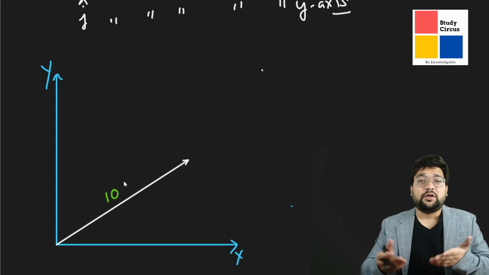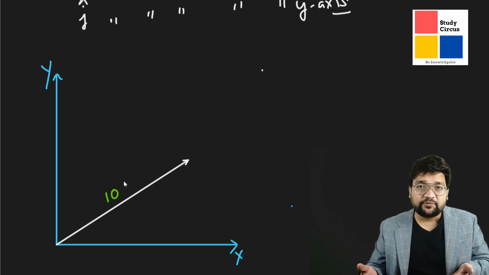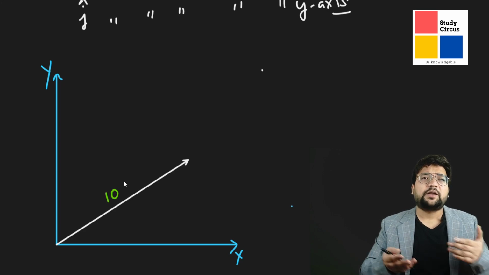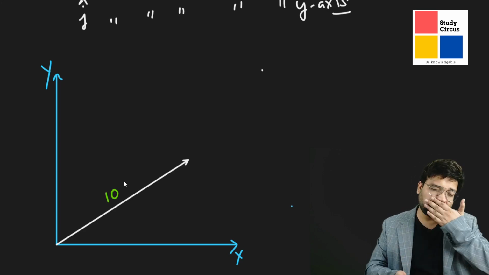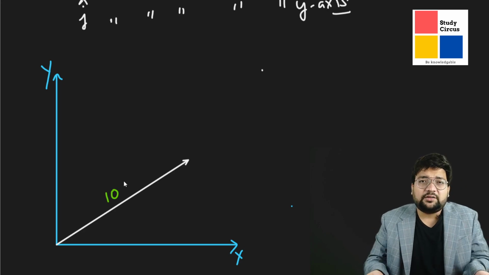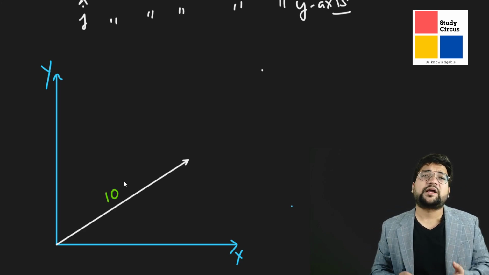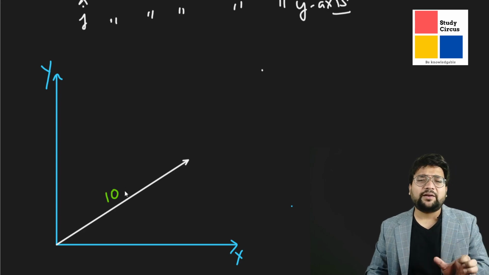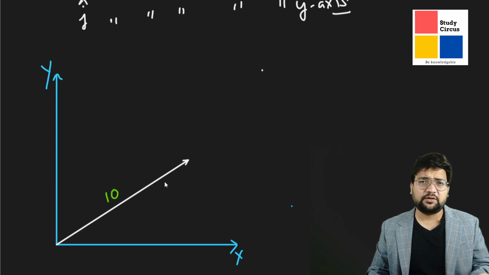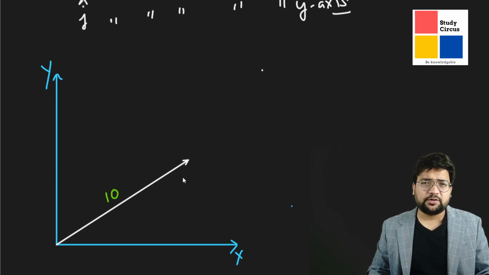It can be newtons, it can be force, it can be momentum, it can be displacement, velocity. So depending on what type of vector it is, the unit will be decided accordingly, okay? But in magnitude it is 10. Let's say 10 newton, 10 meters, whatever physical quantity you are considering.